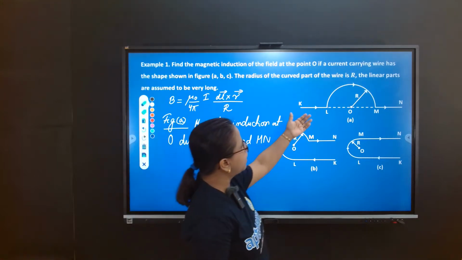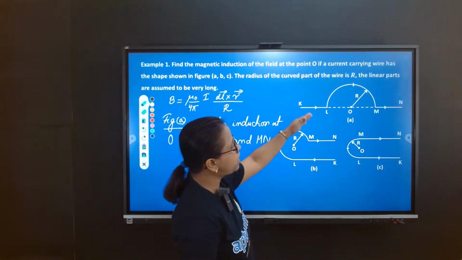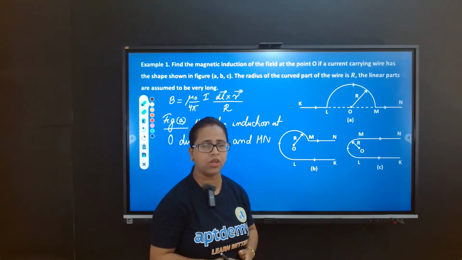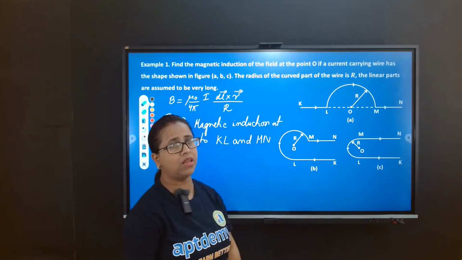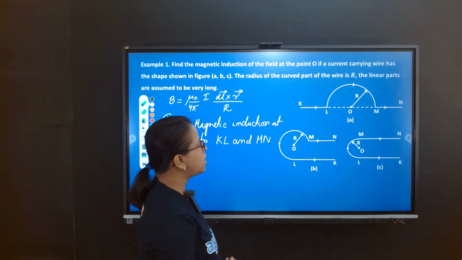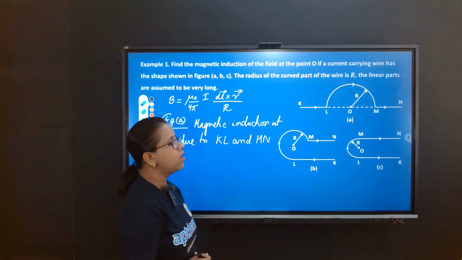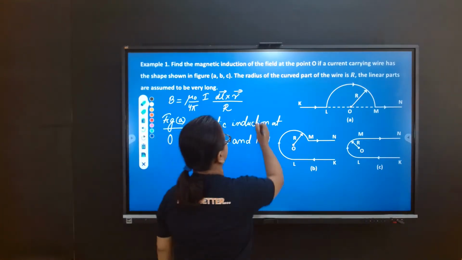Now look at the figure. KL and MN both are in line with the point O at which we are to find out the magnetic induction. So it's verified that the angle made in each of these cases is equal to 0 degree. So we can directly apply the formula for magnetic induction due to a straight conductor.